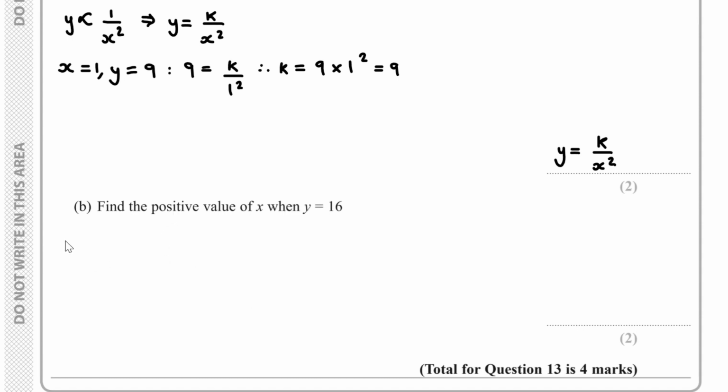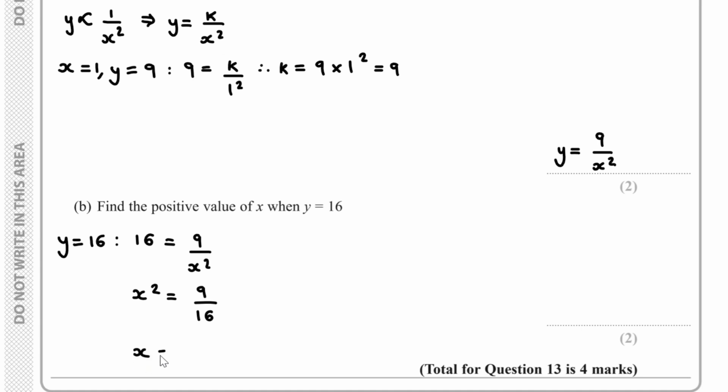Well, when y is, sorry, we've got 9. So when y is equal to 16, we've got 16 equals 9 over x squared. x squared is equal to 9 over 16.